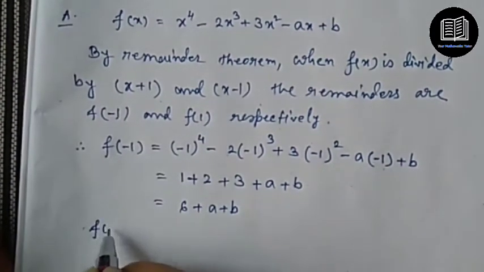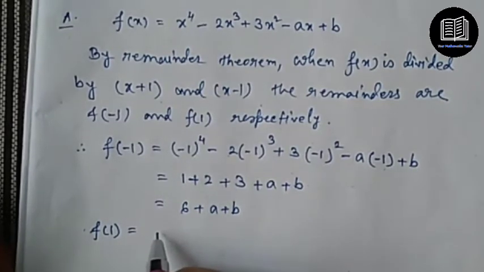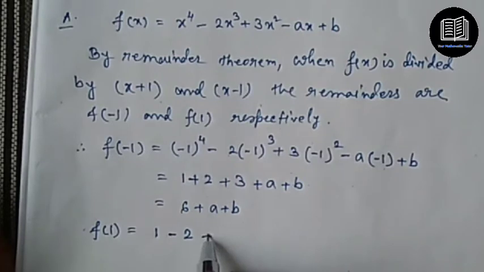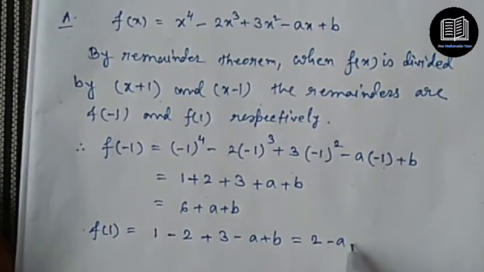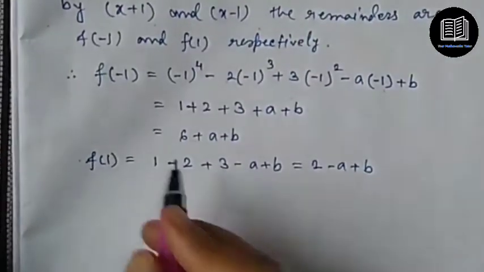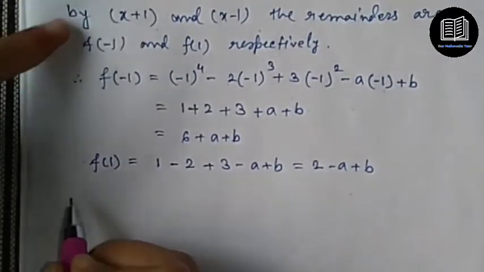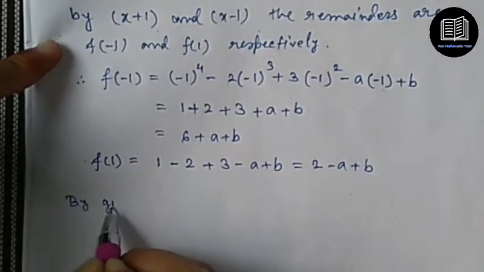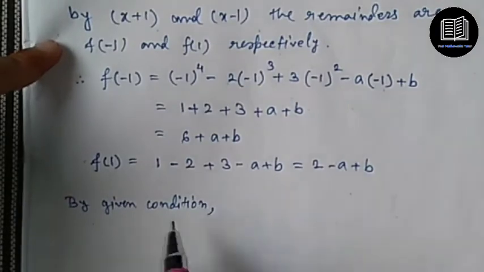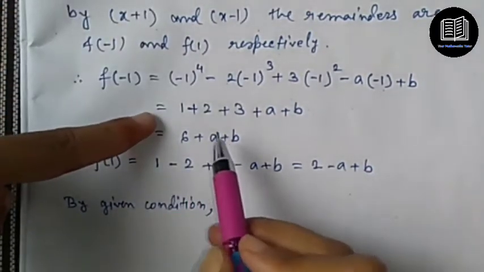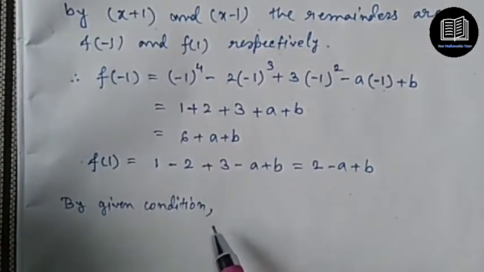And f of 1 becomes 1 minus 2 plus 3 minus a plus b. That is 2 minus a plus b. Now by the given condition, in the question it is given that the remainders will come as 19 and 5.